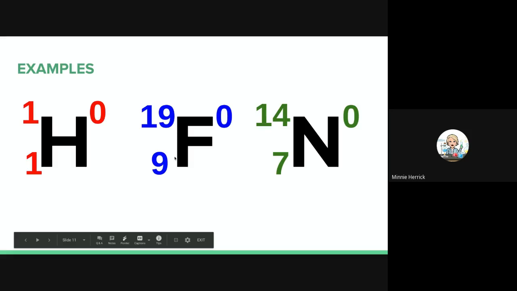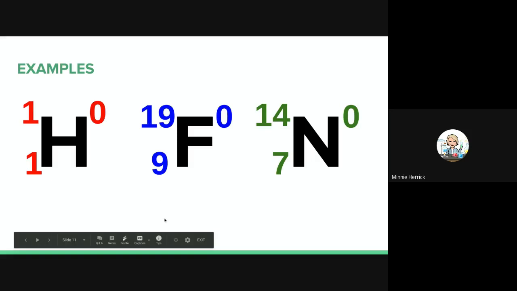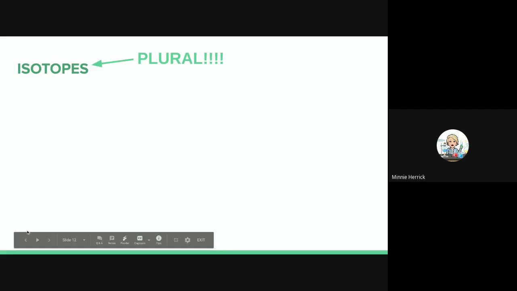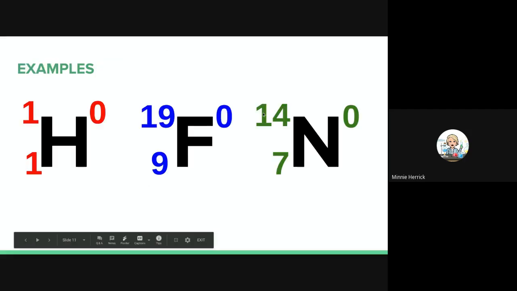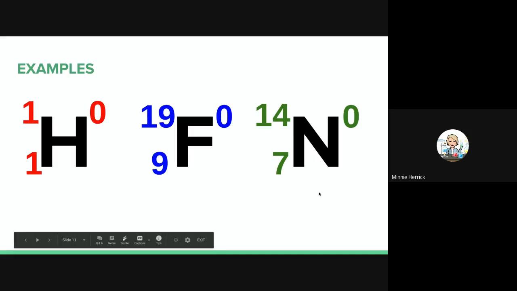The next one here, we have 19 as a mass, 9 as protons. So you're going to have 9 protons, and 19 minus 9, or 10 neutrons. The next one, nitrogen, has 14 as a mass and 7 as protons. You're going to have 7 protons and 7 neutrons. Okay, I'm hoping you got that all filled out.